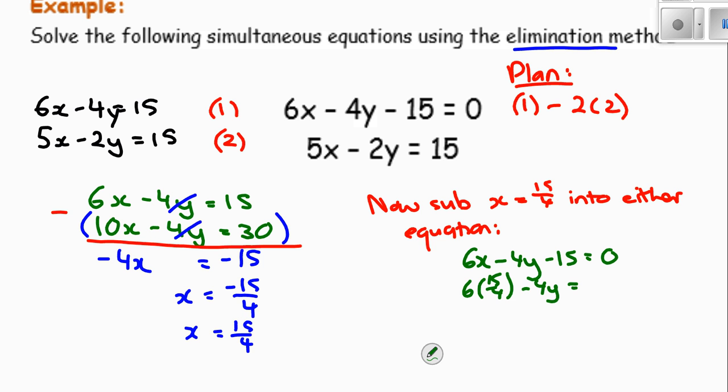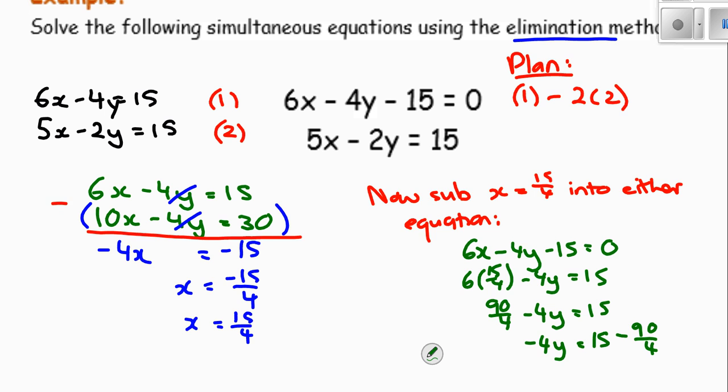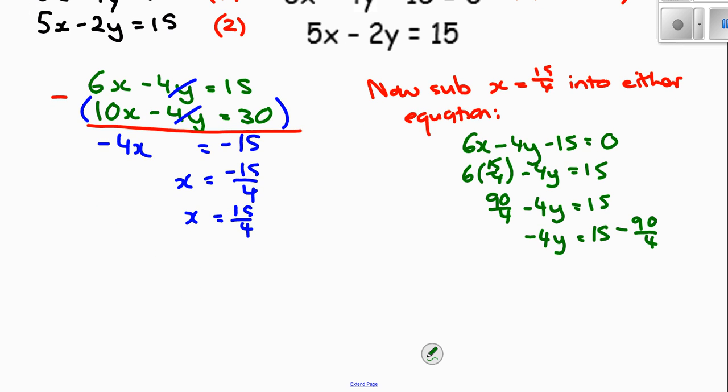Yeah, 6 times 15. Minus 4y. And then we end up with, sorry, better work that out.